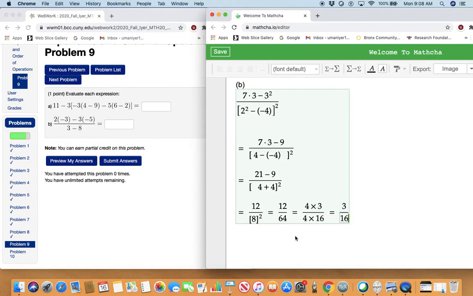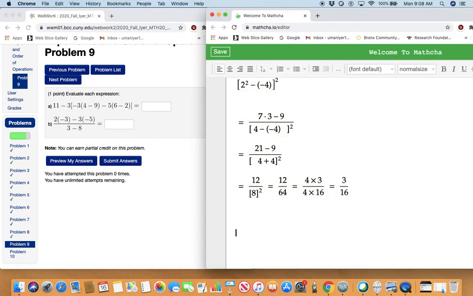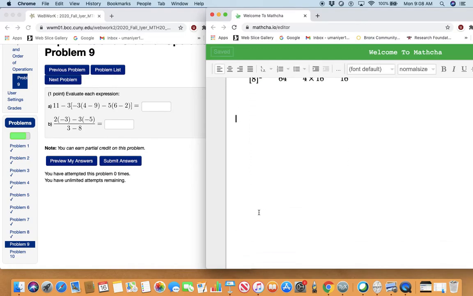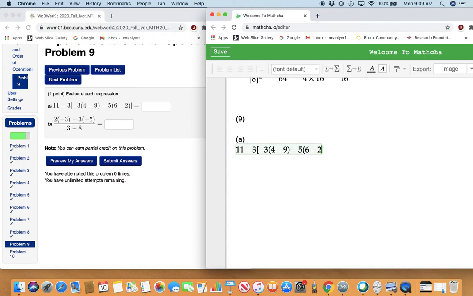Next problem. This is the 9th question, A part. 11 minus 3 bracket negative 3 parentheses 4 minus 9 minus 5 parentheses 6 minus 2 parentheses bracket.